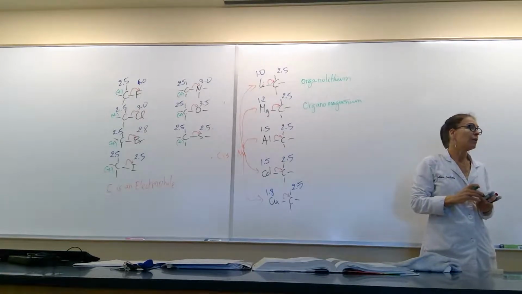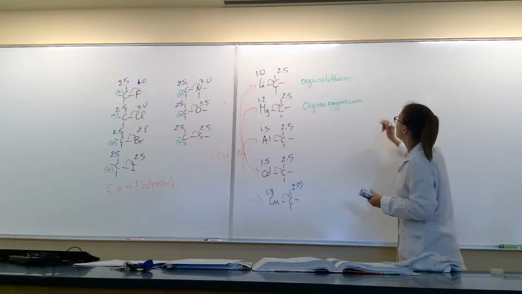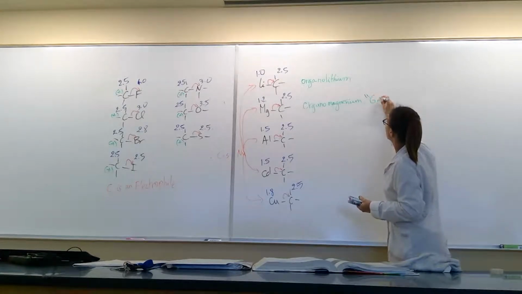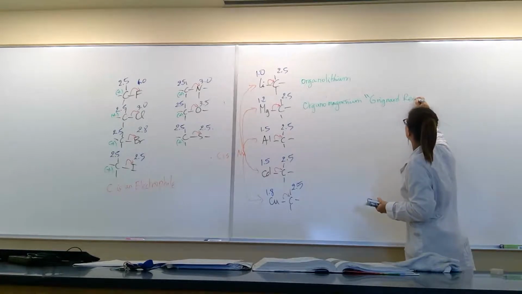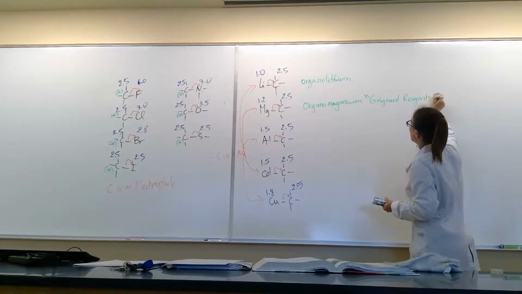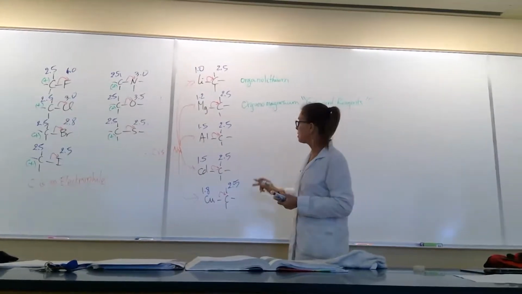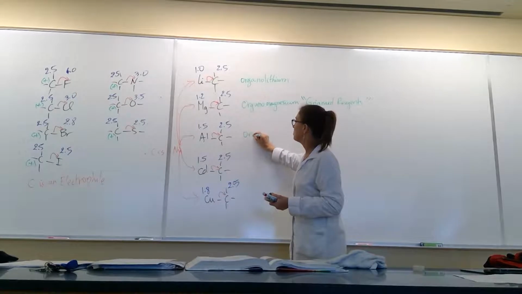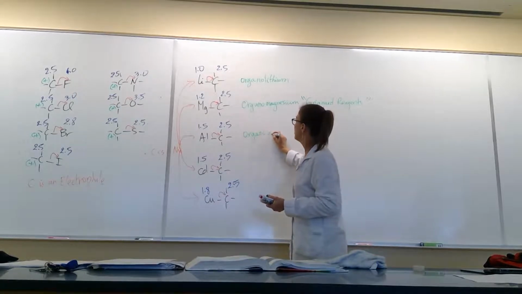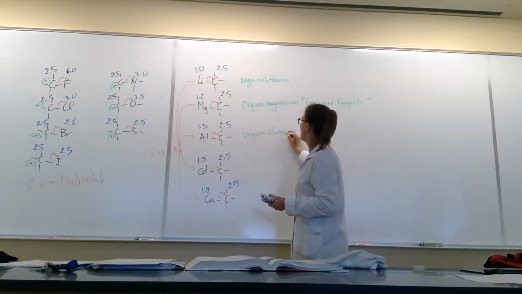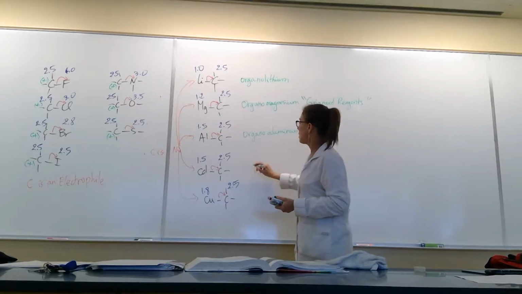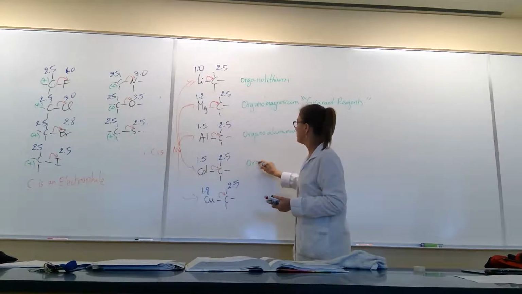They're called Grignard reagents. These are called organoaluminum. These are organocadmium.